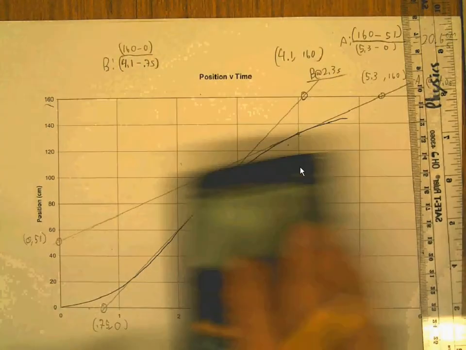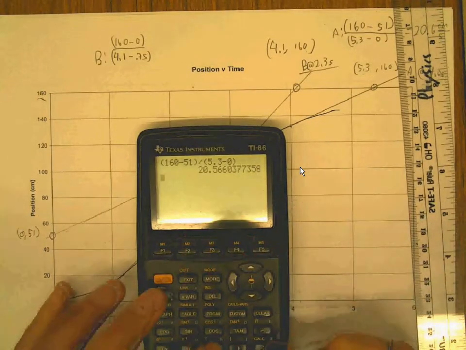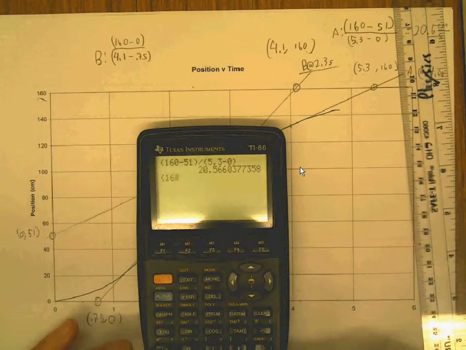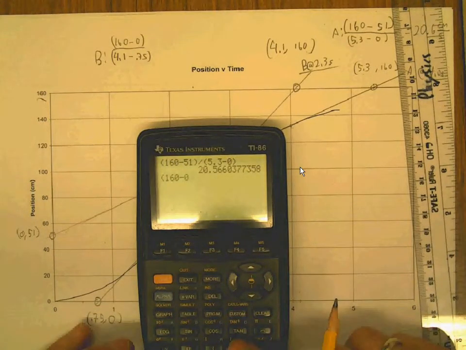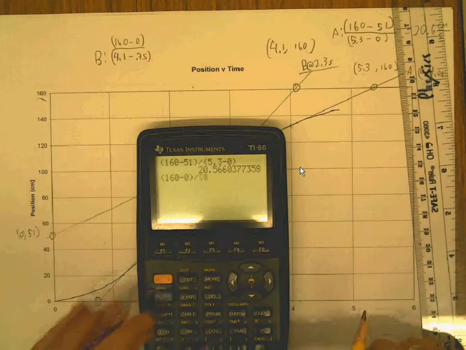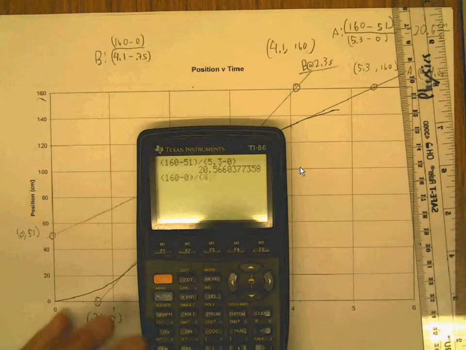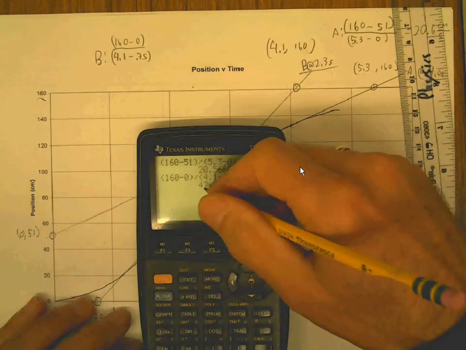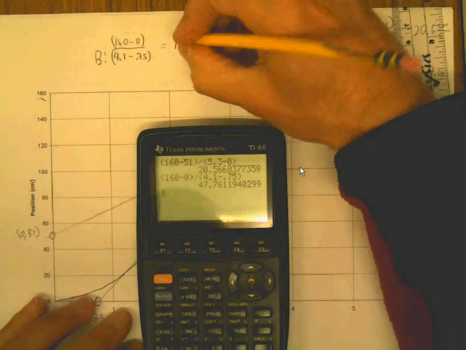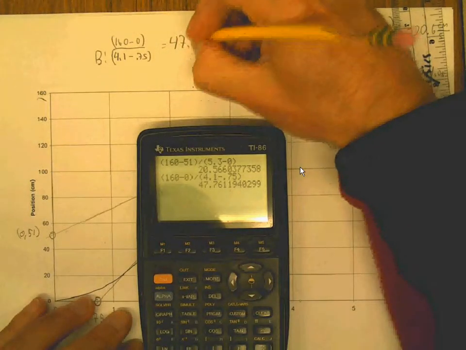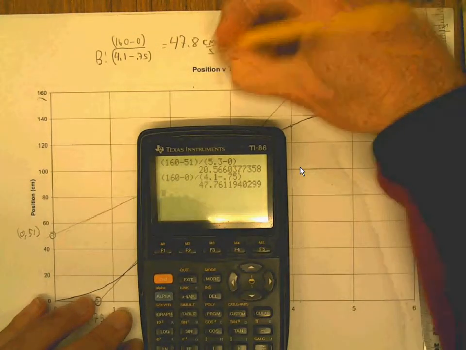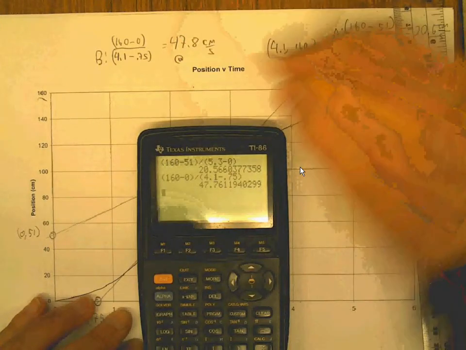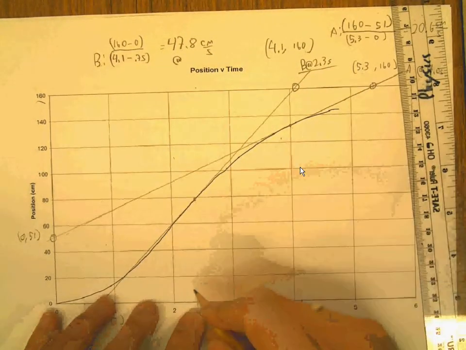And now I'm going to put that in the calculator. 160 minus 0 divided by, and then I've got to put the denominator in parentheses. So 4.1 minus 0.75. There we go. And that's 47.8 centimeters per second. And that is at 2.3 seconds, I think is what we decided. It's about 2.3.